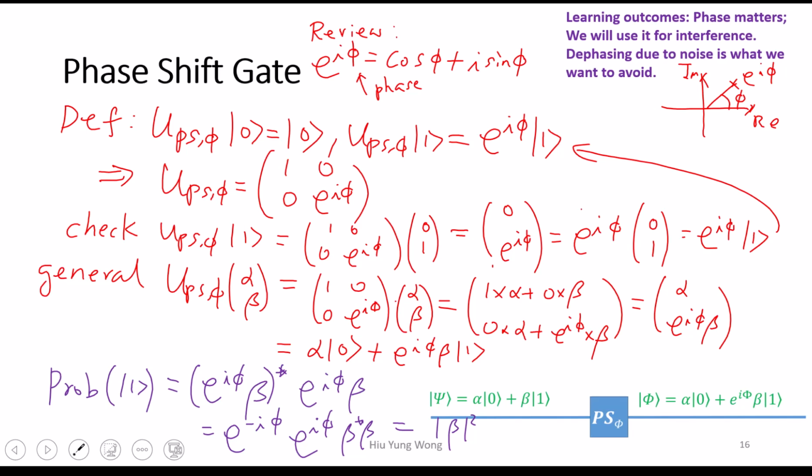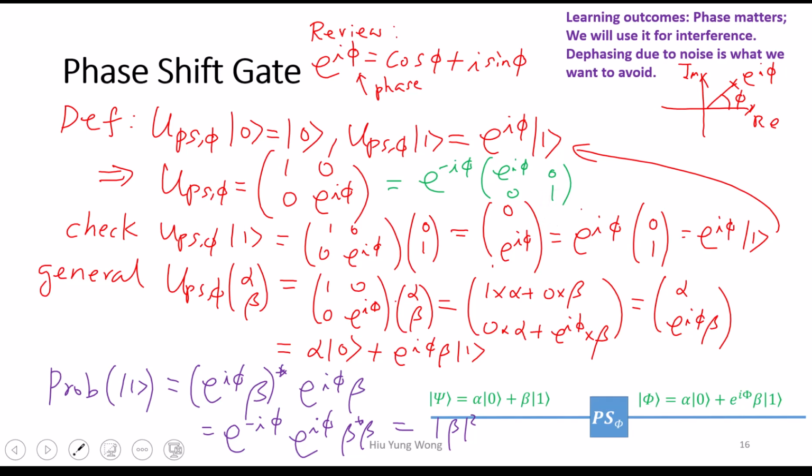So I'm going to erase this so as not to confuse people. You find that this one, I can also put as e to the power negative i phi times e to the power i phi, 0, 0, 1. Do you agree? Because this multiplied by this equals 1.